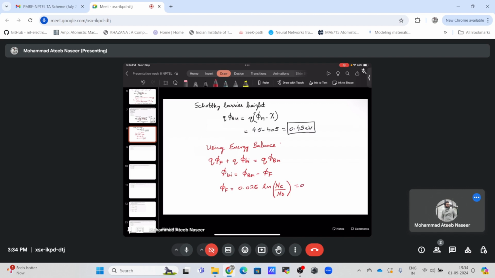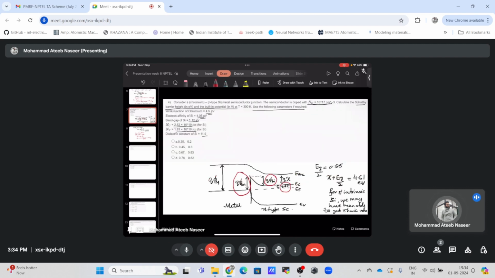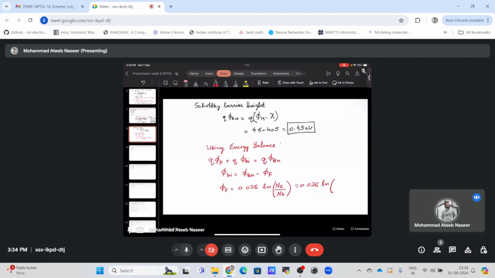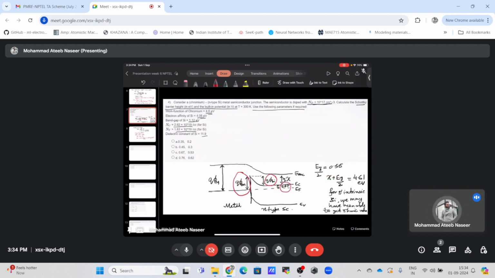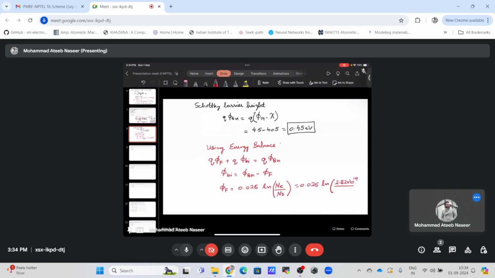So it will be simply 0.026 ln of Nc, where Nc has the value of 2.82 into 10 to the power of 19, divided by the doping, which is of the order of 10 to the power of 17.